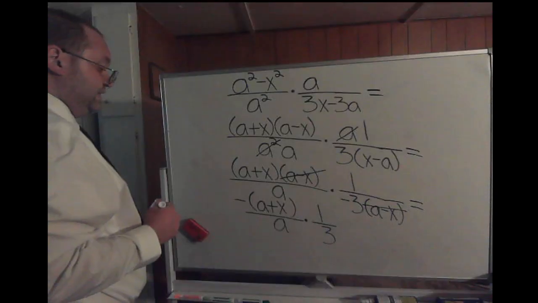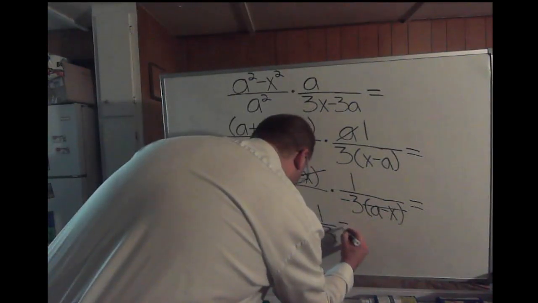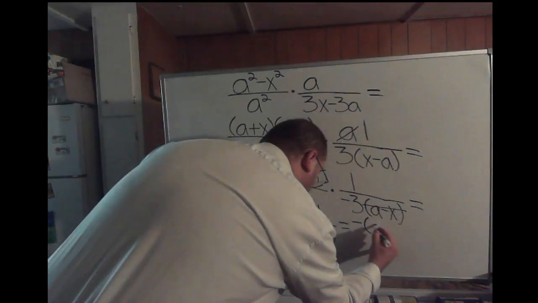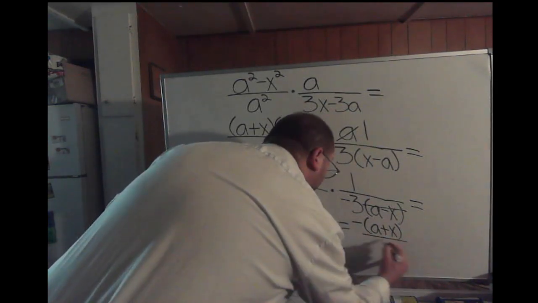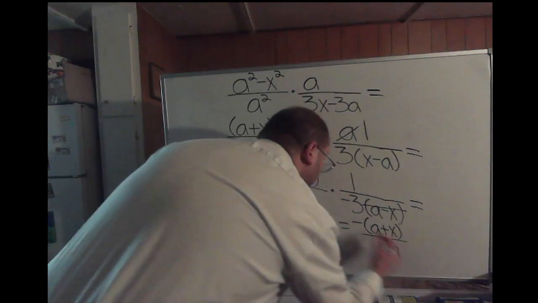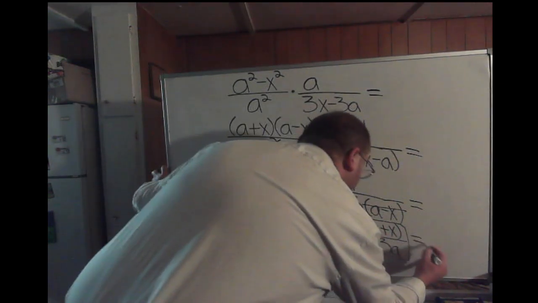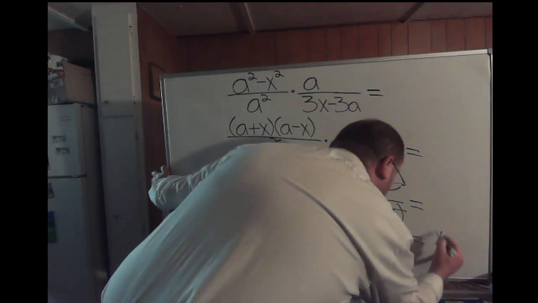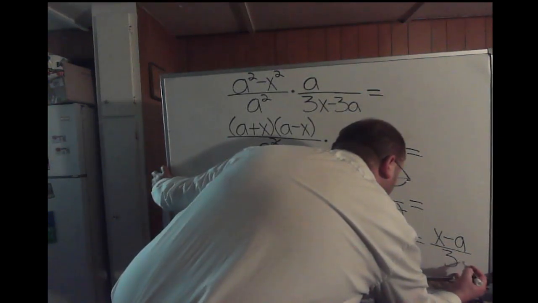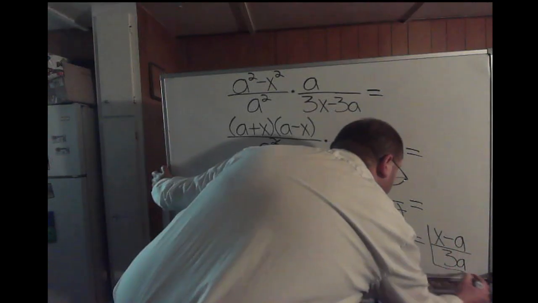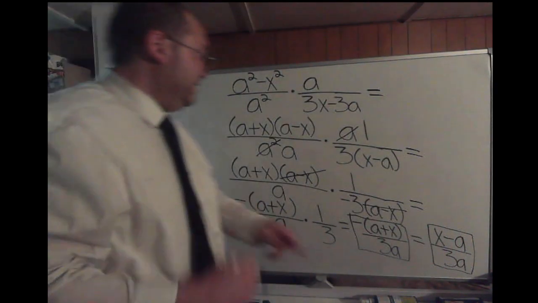Now, that would give you negative of the quantity of a plus x all over 3a. You can leave your answer like that. That's permissible. Or you can distribute that negative. You would get x minus a all over 3a. That's another acceptable answer. Get x minus a all over 3a in the end.